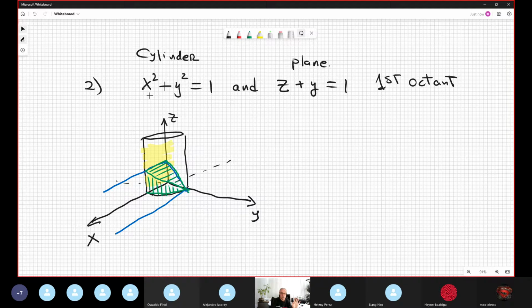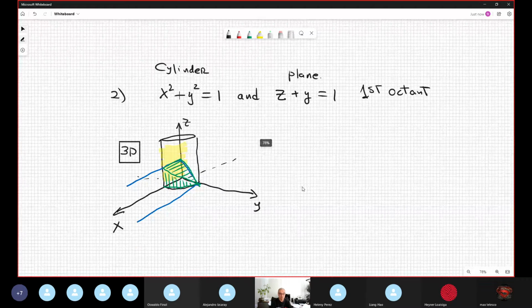And another part is the plane formed by the ZY axis and the ZX axis. Okay, it's the corner of the first octant. So I did my best in 3D. Let me try to understand. I try to do my best in 2D.